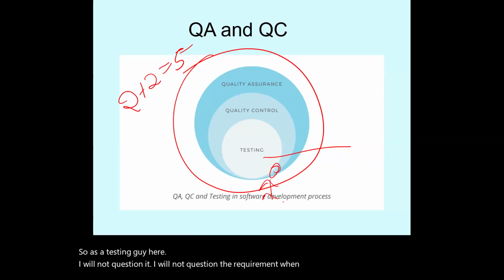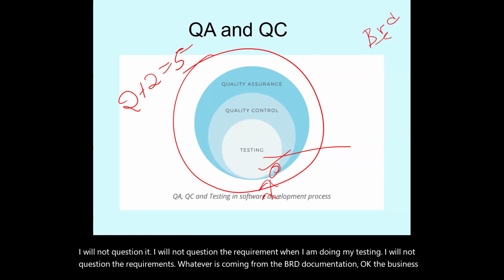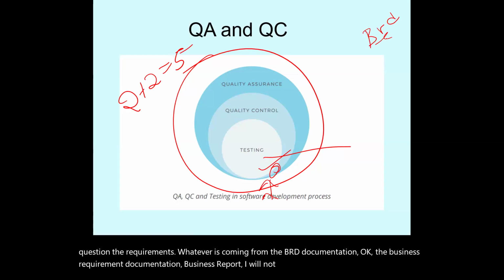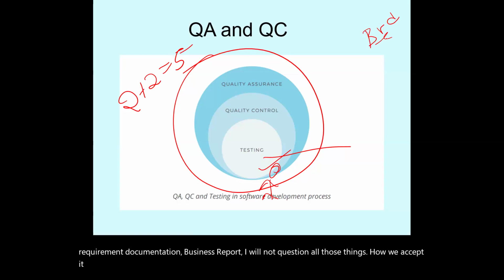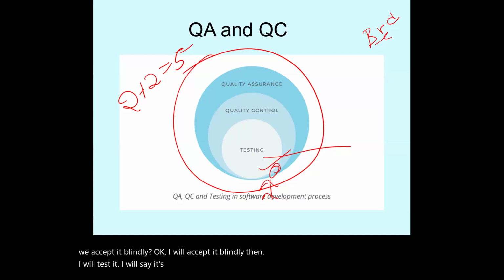Whatever is coming from the BRD documentation, the business requirement documentation from business people, I will accept it blindly. Then I will test it and say it's fine. Then 2 + 2 is fine.